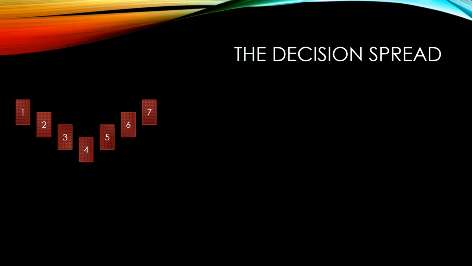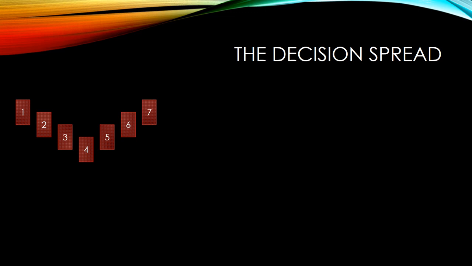So the first card is past influences, right? The things that have happened in the past that are influencing the choice that is being considered now. Card number 2 is new or current influences. It's something that, if nothing had changed, they wouldn't be coming to a decision in the first place. So something has recently changed, and it's going to be your job to help them figure out what they need to do next based on what has recently changed.